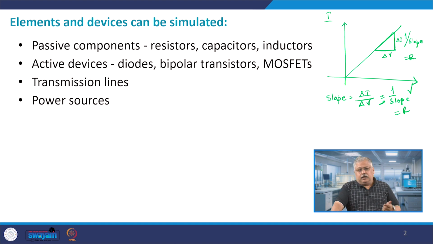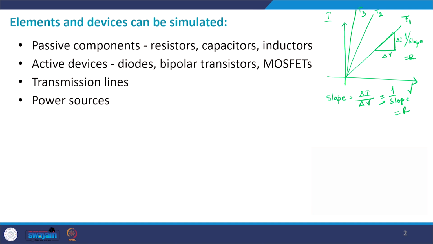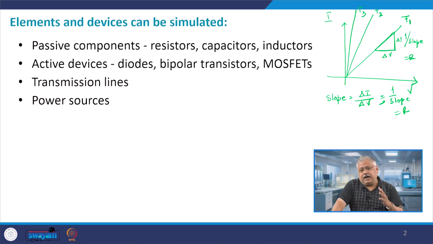However, where the complexity comes into the picture is that, suppose this is at temperature T1. Suppose at T2 it becomes something like this, and at T3 it becomes further like this. Then as the temperature increases, as you can see, the resistance starts to fall because the slope goes on increasing, and for the same amount of voltage you get a higher current.